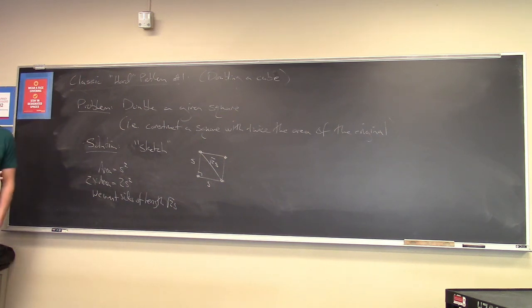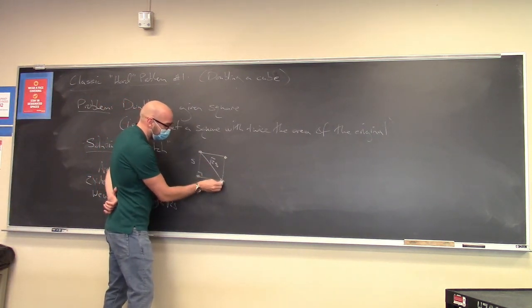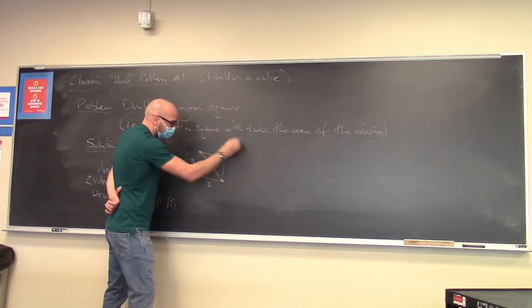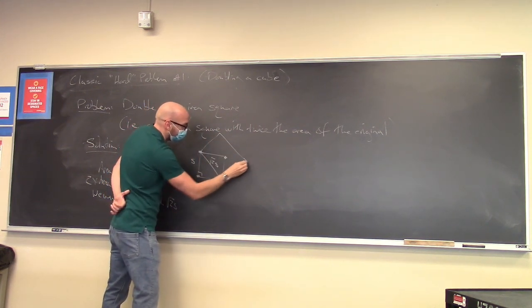And then there's nothing fancy to do here. Once we have a length, we've already talked about how to build a square of a given length. So once you have a length, erect your perpendiculars and so on. So just draw on this square.